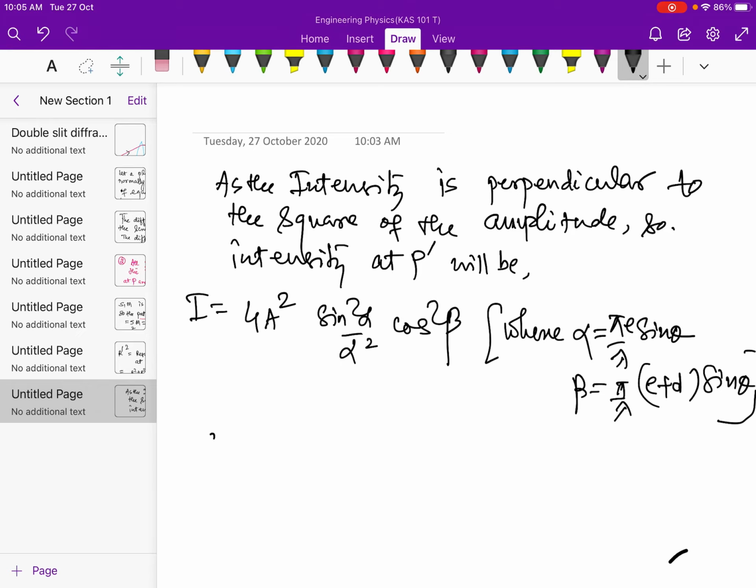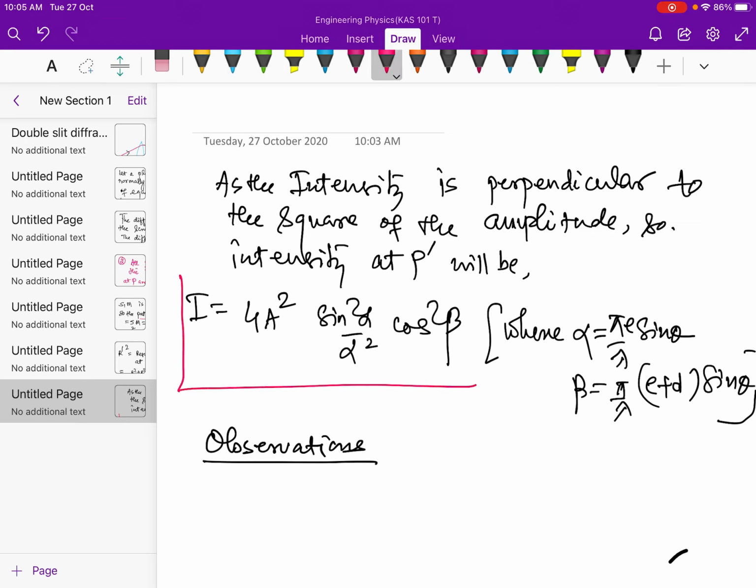So let us come to the observations. What are the observations? Because this is your final intensity for double slit.